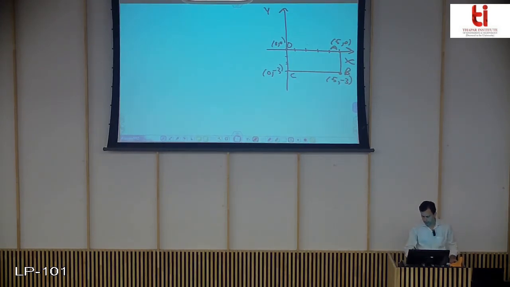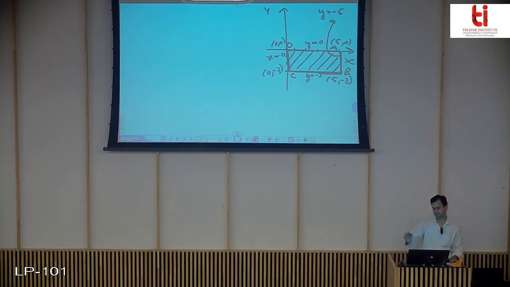Line segment OA is y = 0. Line segment OC is x = 0. This is y = −3. This is x = 5. And this is the interior region, and this is the boundary of the region.